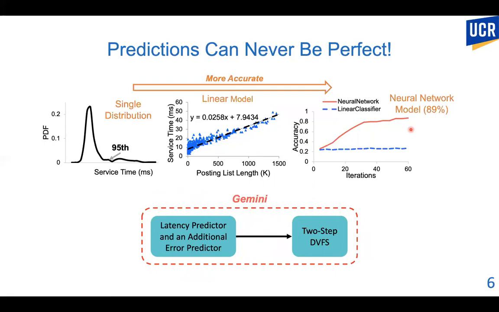With an inaccurate service time prediction, some requests might fall behind the deadline and violate the latency constraint. To solve this problem, we propose a novel power management framework for search engines called Gemini. In Gemini, we have a neural network model to predict each query's service time and then develop an additional neural net model to estimate the error in the service time prediction. When a prediction error happens, Gemini can utilize a two-step DVFS to correct the error and catch up to the deadline.